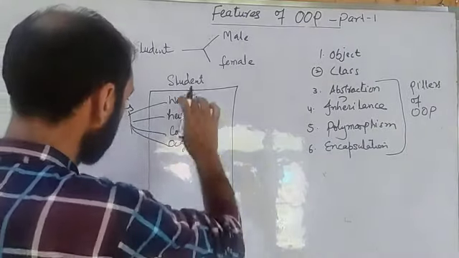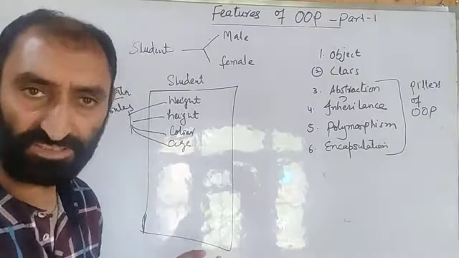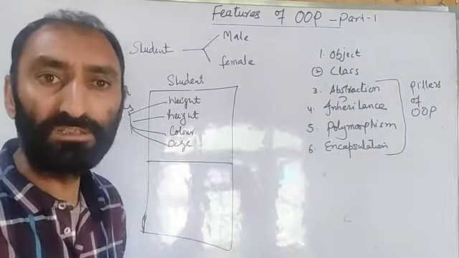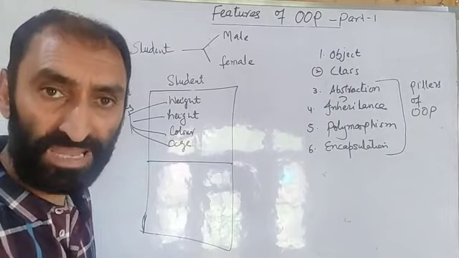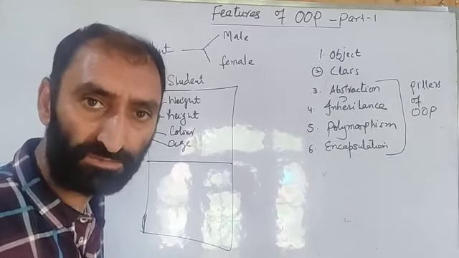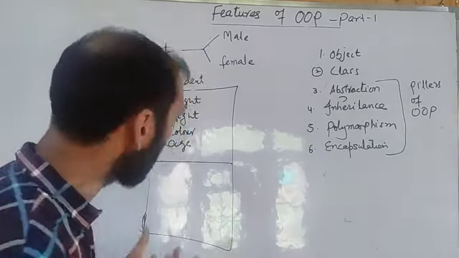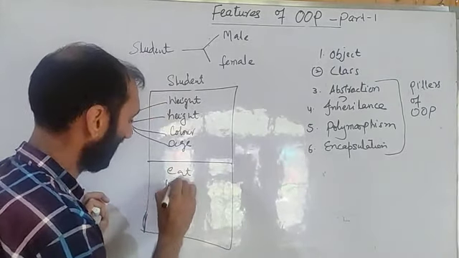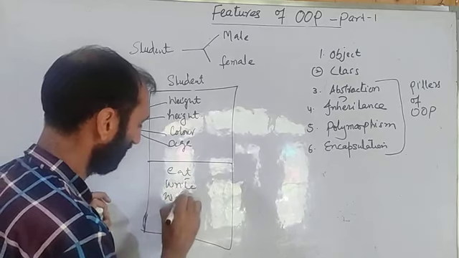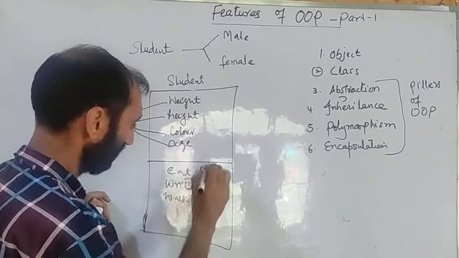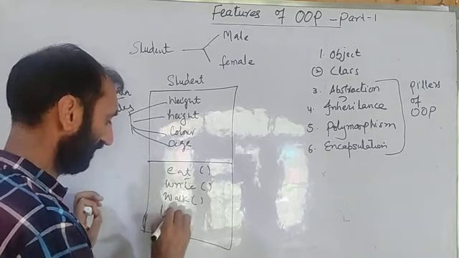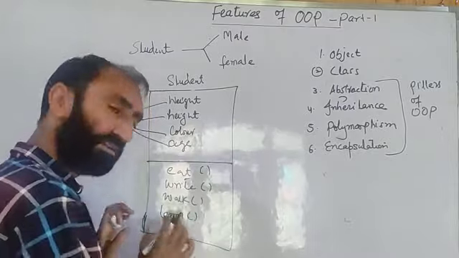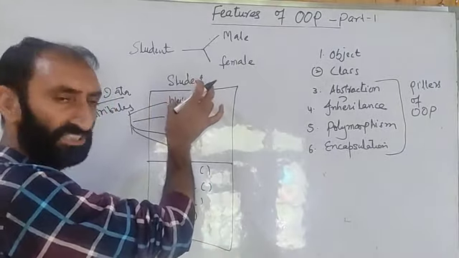We store these attributes in variables, and the student can also have some functionality, that is, some behavior. For example, students can eat, write, walk, learn, and so on. These are the functions associated with this student.